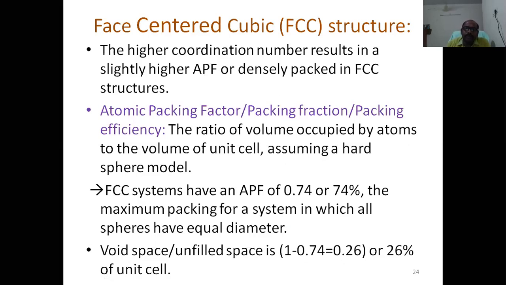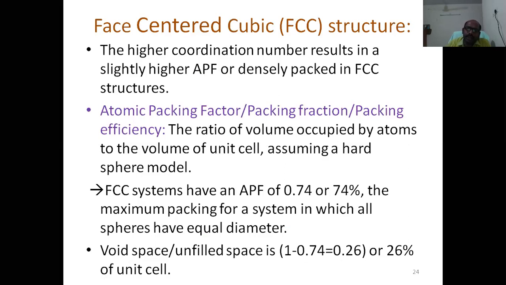In that case, the volume occupied by the atoms in the unit cell, divided by the volume of the unit cell. In the case of a cubic crystal, the volume of the unit cell is a cube, and the volume occupied by the atoms depends on the number of lattice points per unit cell.